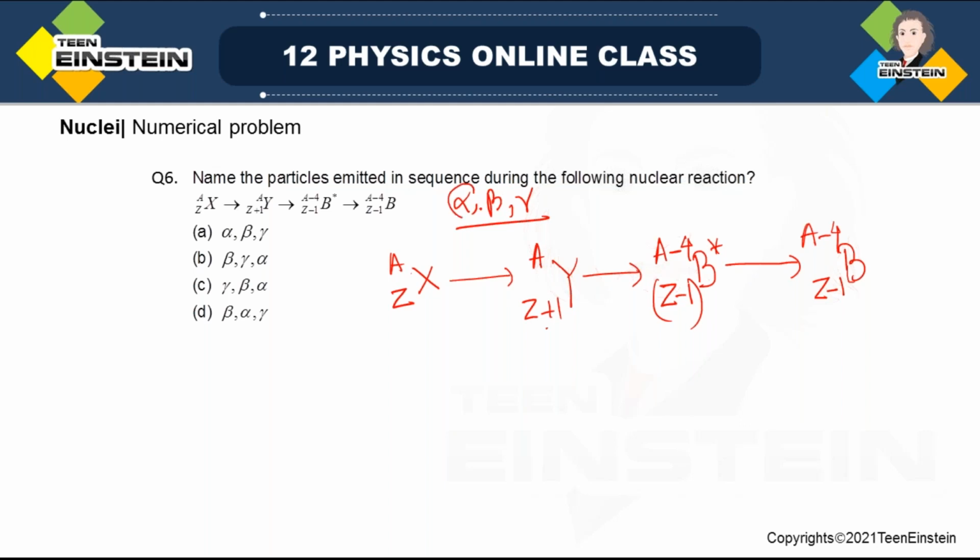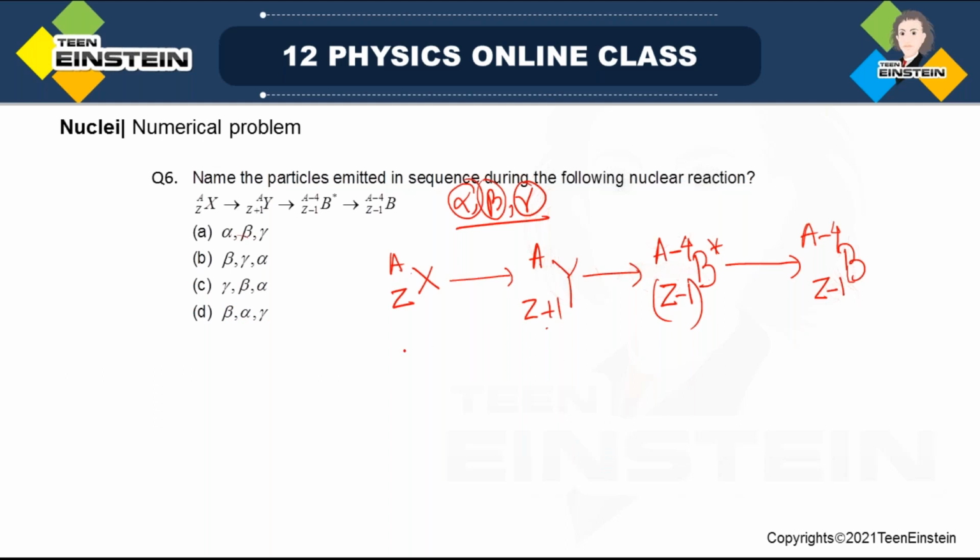But it is certain that alpha, beta and gamma, these 3 particles are emitted, one in each of these 3 steps. You have to find out the sequence in which the decay is happening, whether alpha beta gamma, or beta gamma alpha, or gamma beta alpha, or first beta decay happens, then alpha decay, then gamma decay. You have to find out the correct sequence.